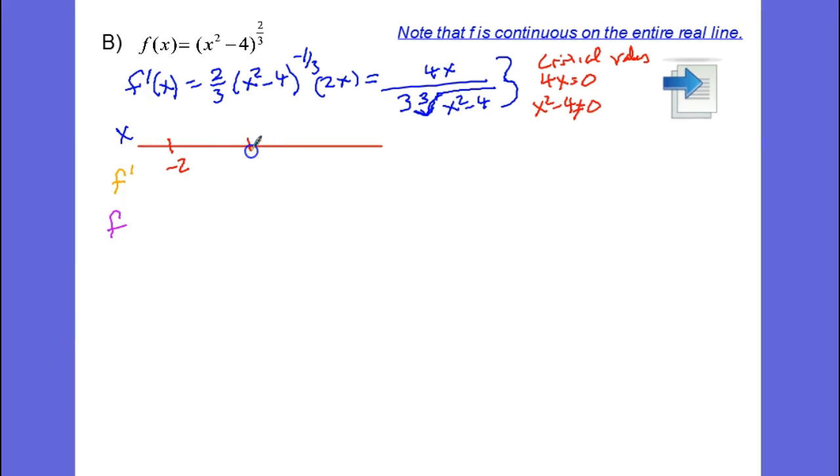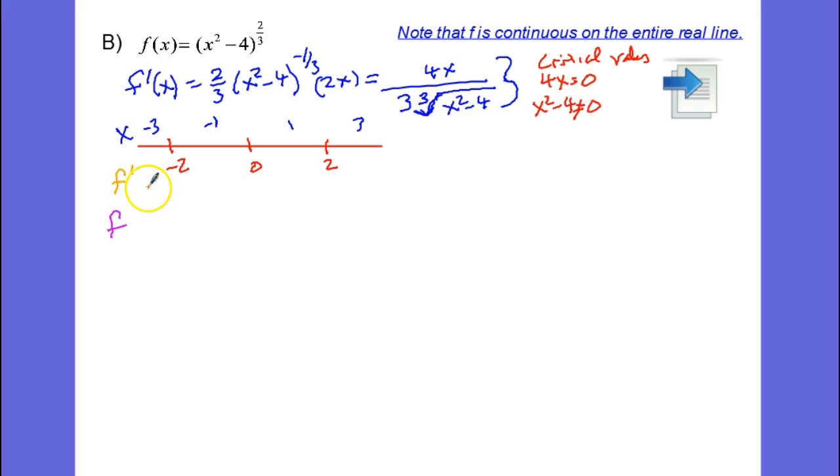So we have negative 2, 0, and positive 2. And our test values can be negative 3, negative 1, positive 1, positive 3. And type this function into your calculator in y1, and then just simply substitute each one of these values into your first derivative and test them. And we get the following signs. Again, I'm not really worried about the numerical values.